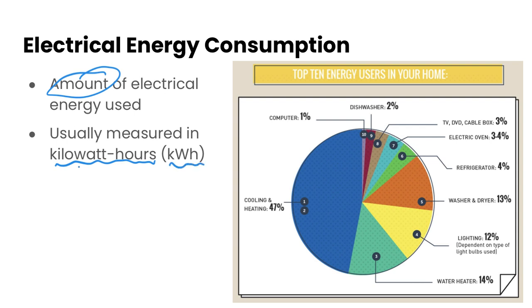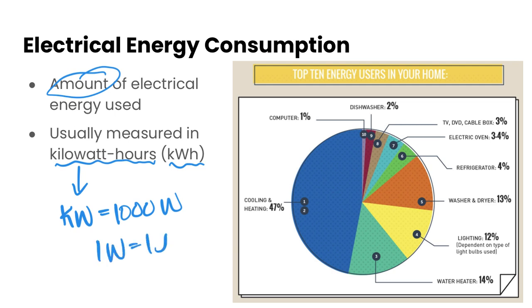Now, a kilowatt is 1,000 watts, and a watt is 1 joule per second. So a joule is a typical unit used for energy, and because we use many joules of energy per second, we tend to look at energy consumption in kilowatt hours because then it makes the numbers a little bit more manageable to deal with.